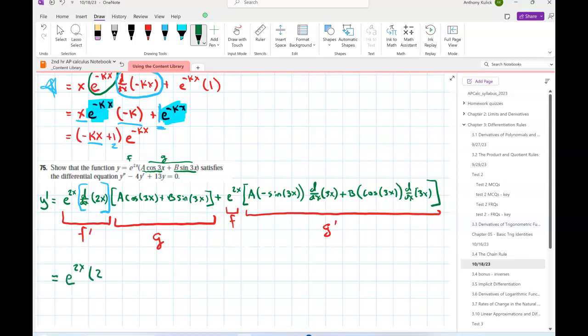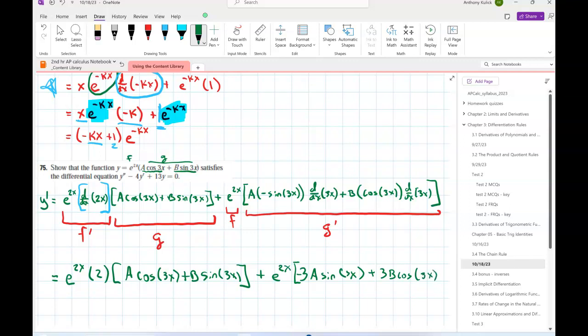So the derivative of 2x is just 2. And the derivative of 3x is just 3. So I'm going to just move that 3 as a coefficient. You take the negative.